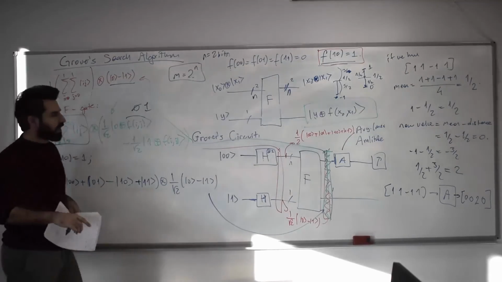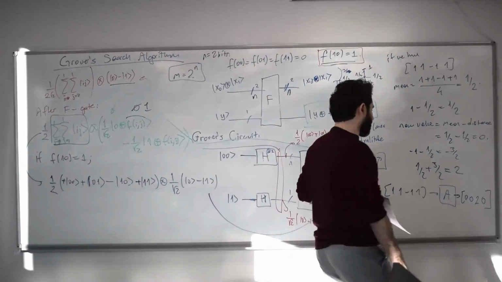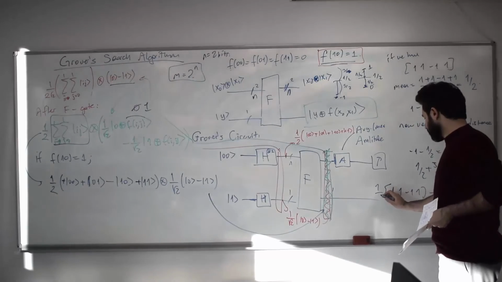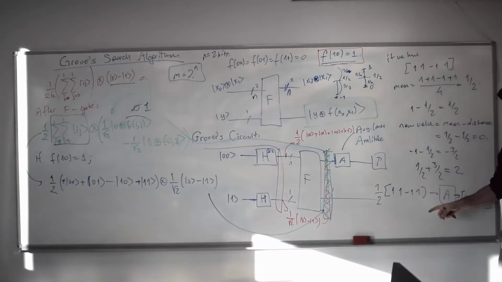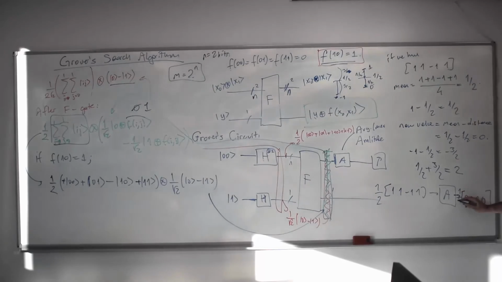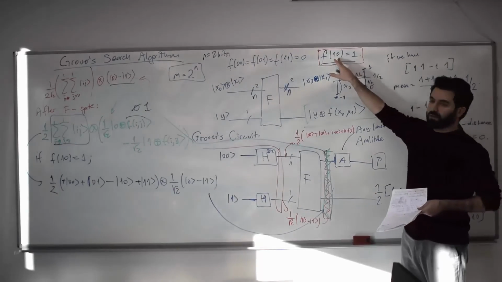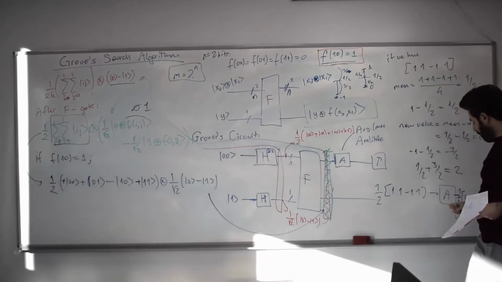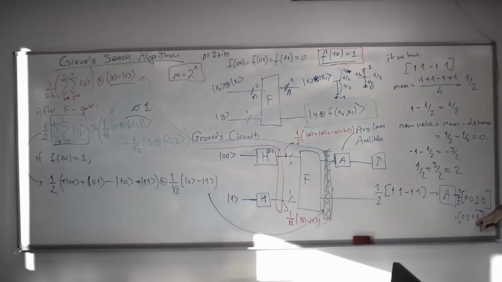Since it's a linear transformation, multiplying by the 1/2 gives you 0, 0, 1, 0. That's perfect. That's what we're looking for, because now the probability of seeing the right input, which was 1, 0, is going to appear with certainty at the output of the measurement.